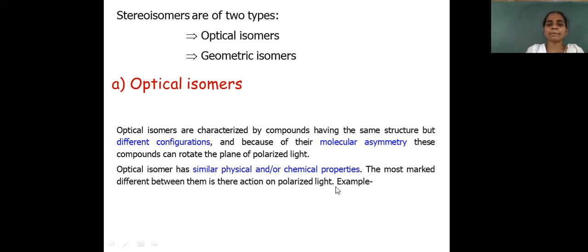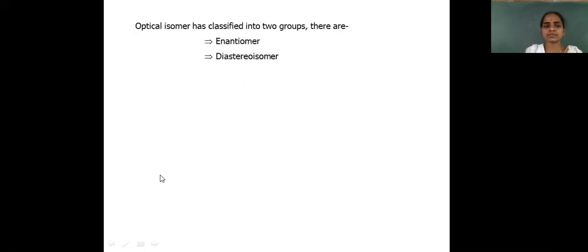Plane polarized light I will explain in detail. Some isomers rotate the plane polarized light towards the right side, others towards the left side. In that way optical isomers differ.